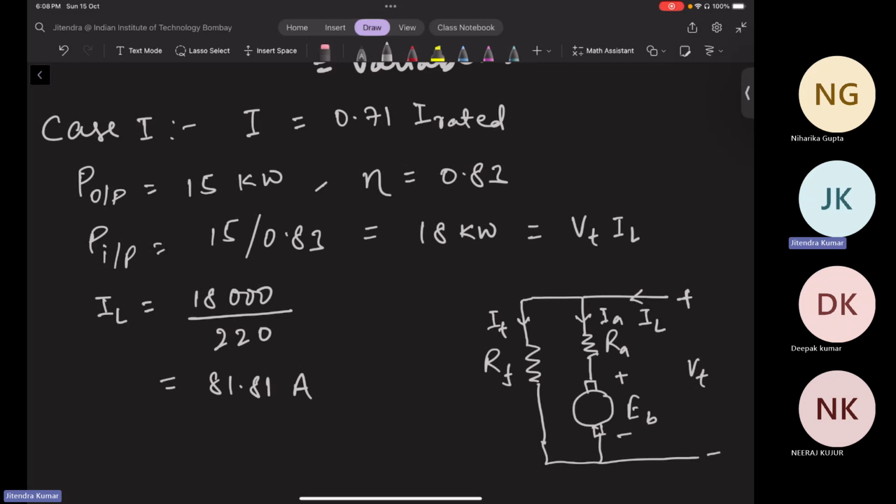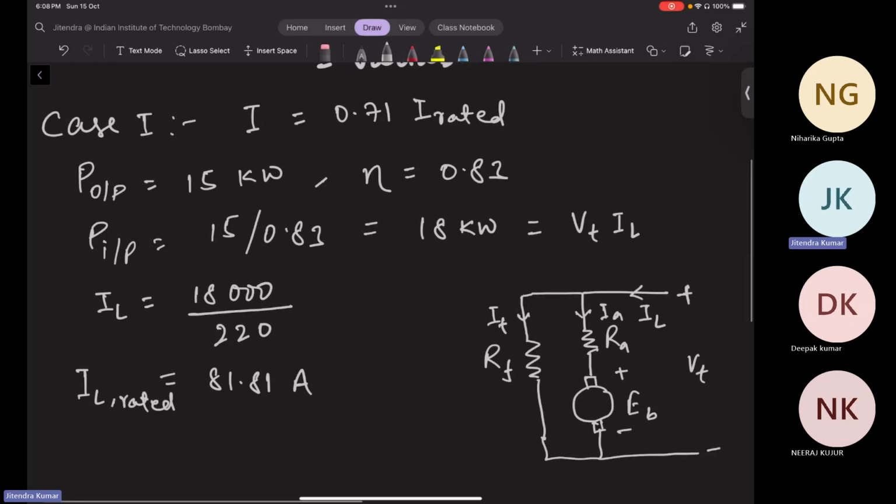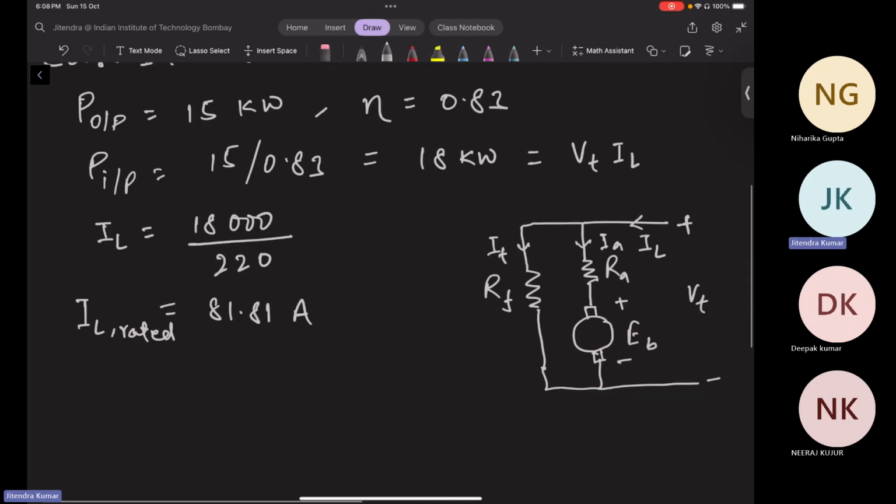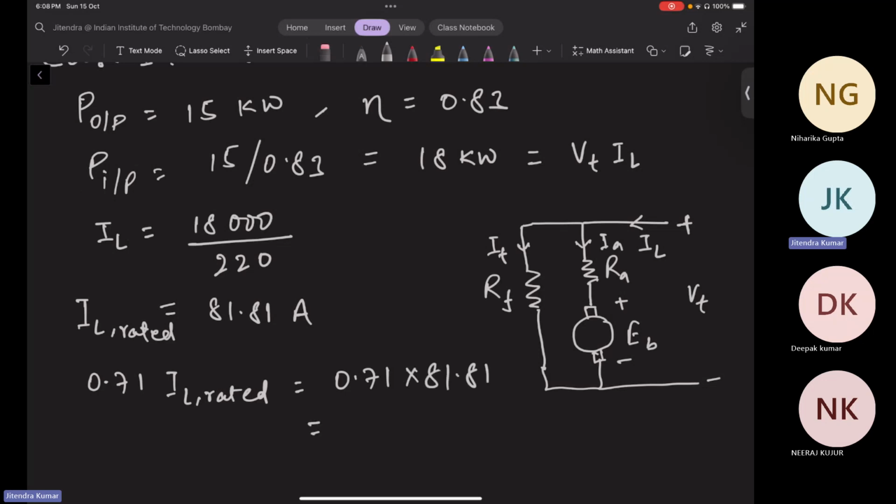Now this is the rated line current, but the condition of maximum efficiency occurs at 71% of IL rated. So how much will it give? 58 amps.